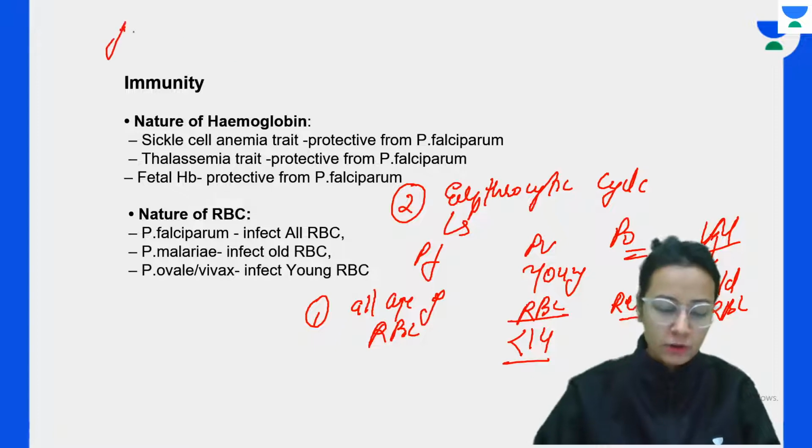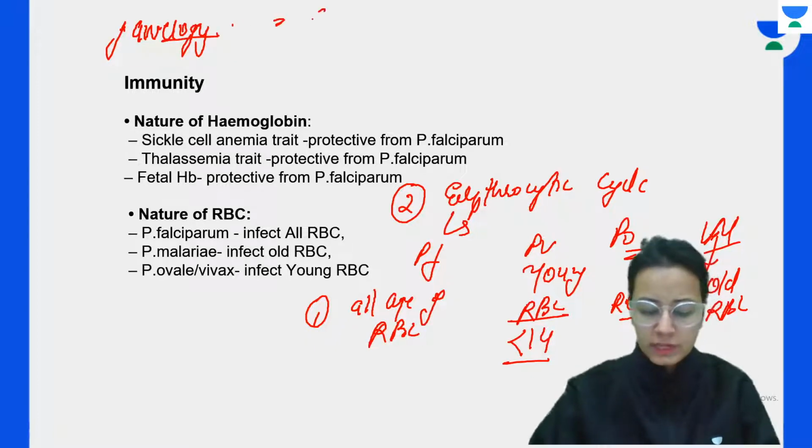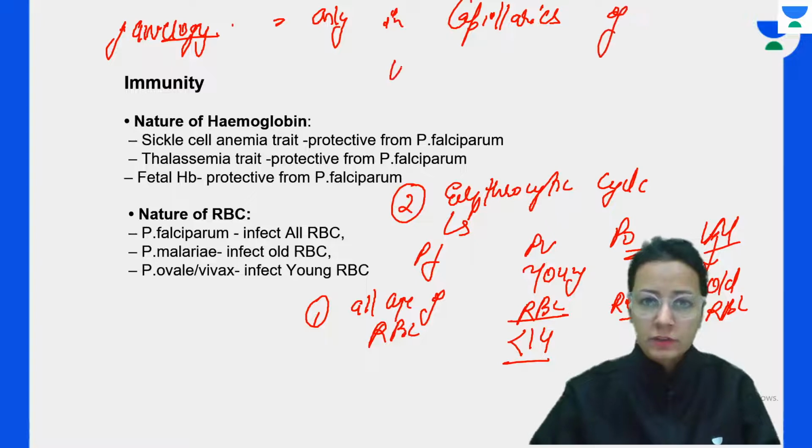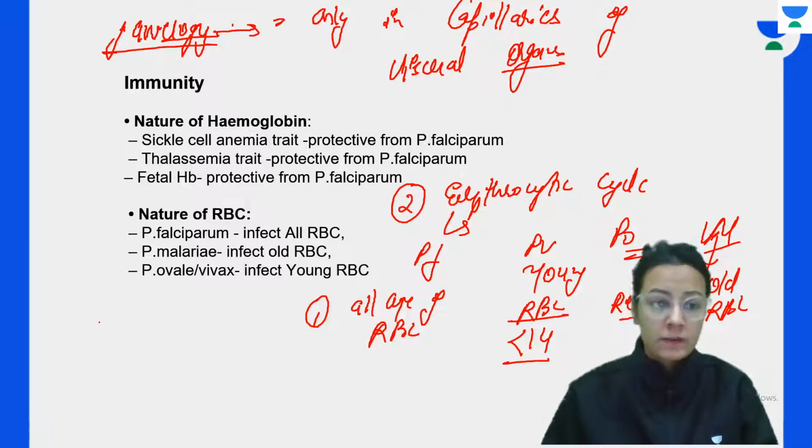Then we saw the gametogony, the micro and macro gametocytes, which is seen only in the capillaries of the visceral organs.